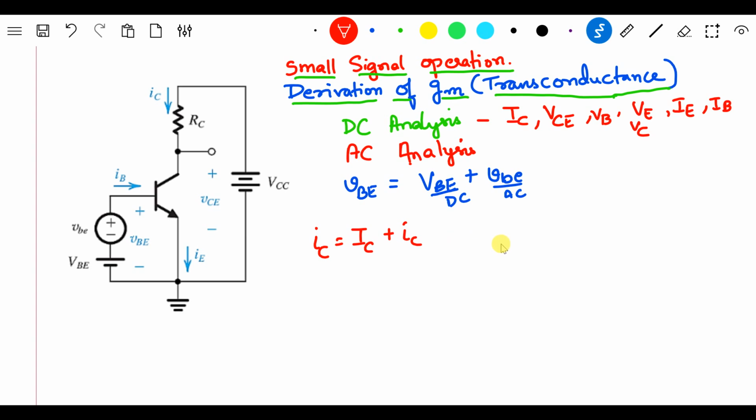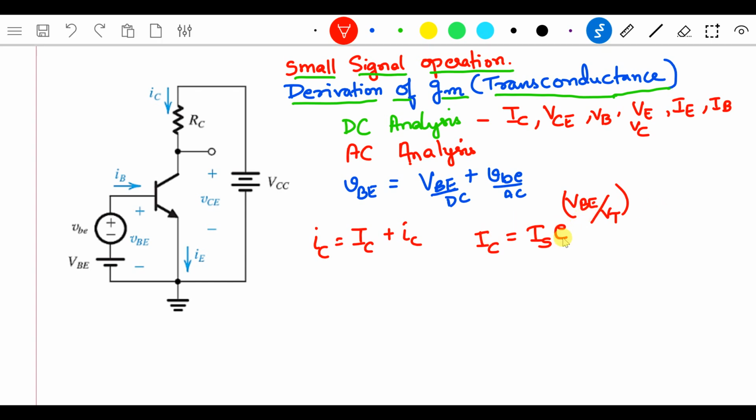Now we do have a collector current equation in terms of the saturation current multiplied by e power base emitter voltage divided by the thermal voltage. This is the normal equation for IC. IC will always increase exponentially with the base emitter voltage, so this is the proper equation for IC that we normally write.